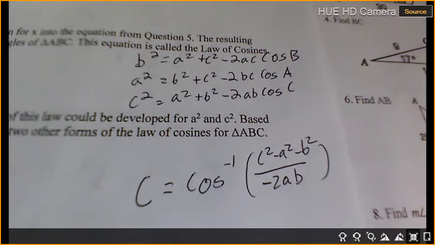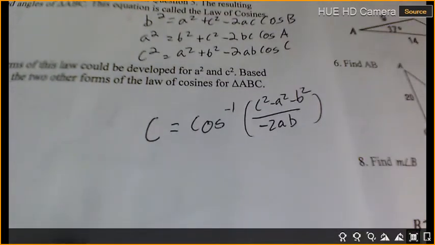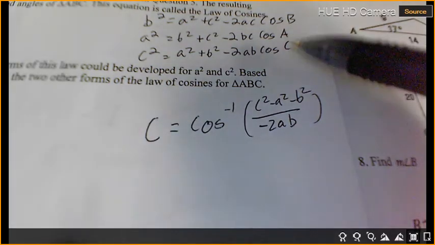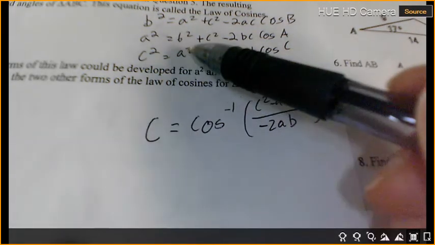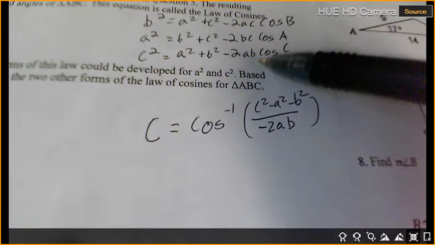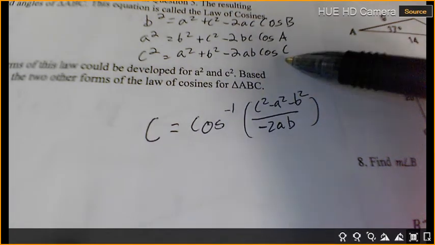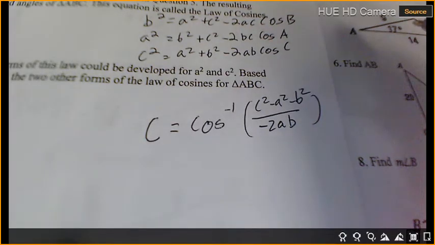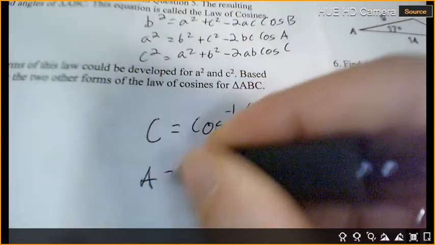And I can show you how to do that, but I really would rather not waste our time right now because I would like to get working on this. But really what I did here was I subtracted a squared, b squared, then I divided by 2ab to have cosine c by itself, and then I took the inverse cosine. So we can do the same thing to find angle A and angle B.